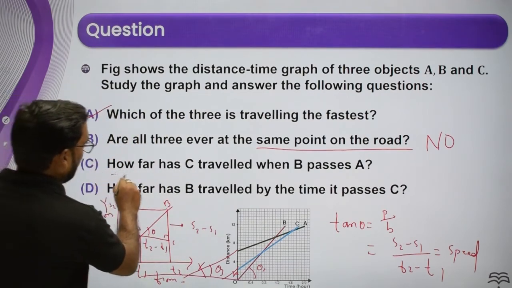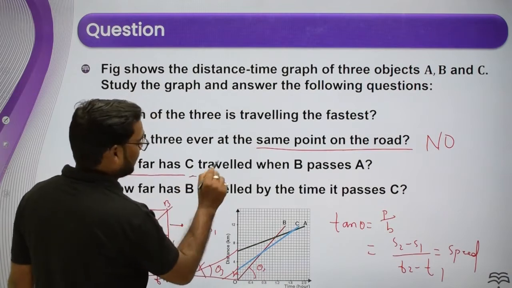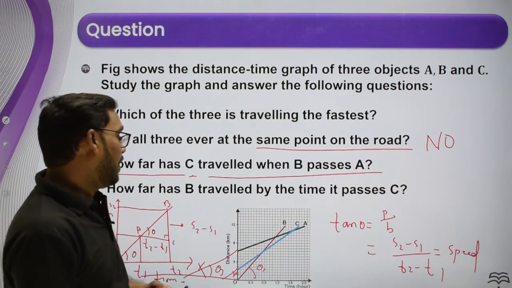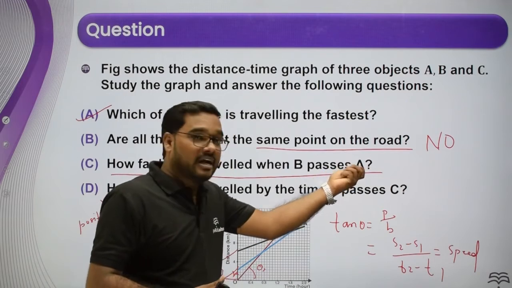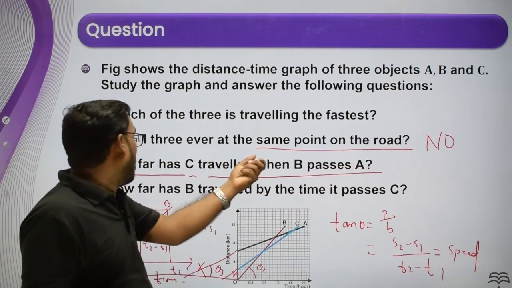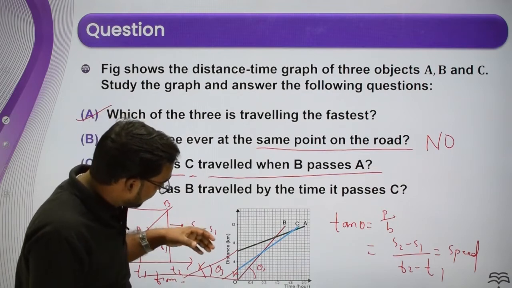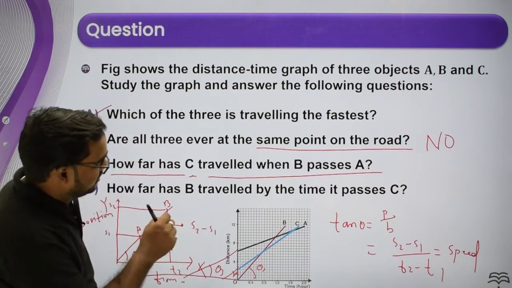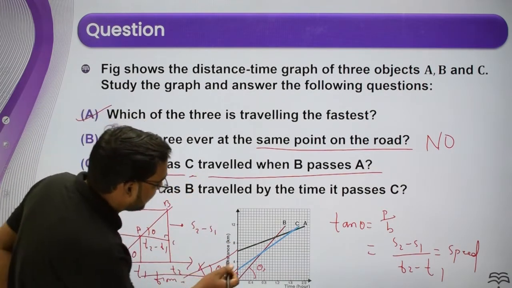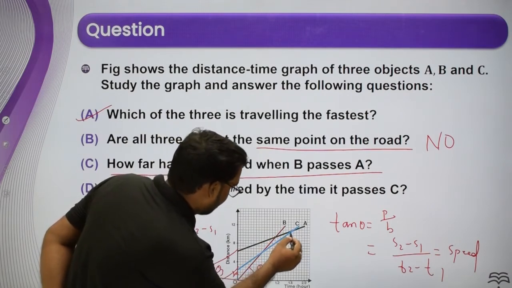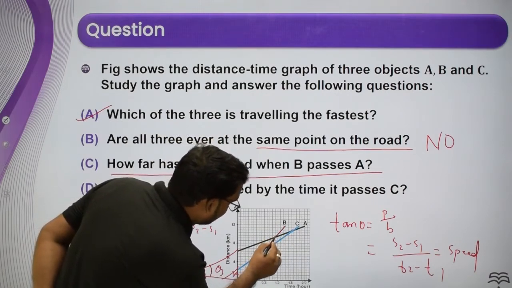How far has C traveled when B passed A? What is it asking? When B is passing A, tell me how far C has traveled. Now you can see from the graph where B passes A. This is the line of B and this is the line of A. B passes A here.